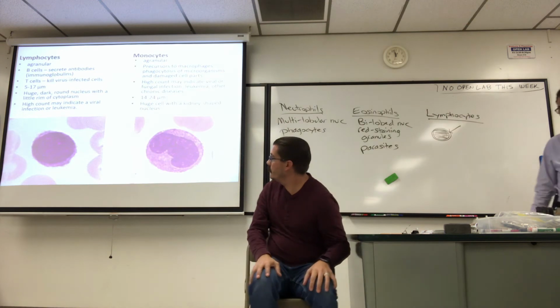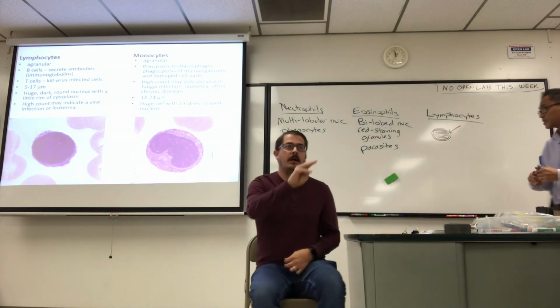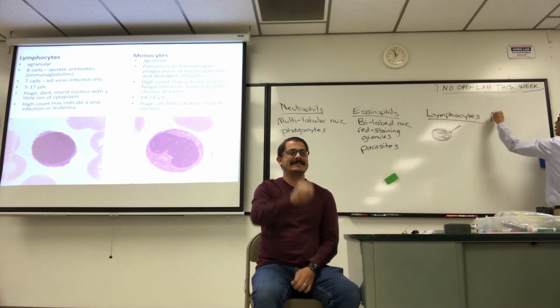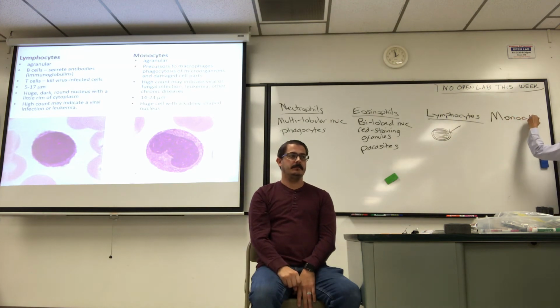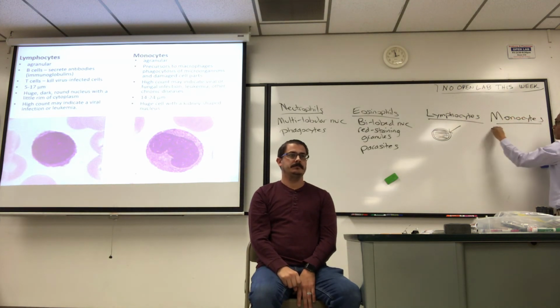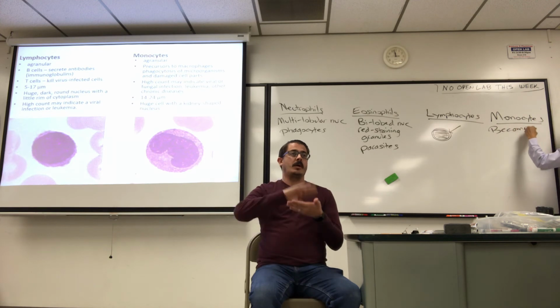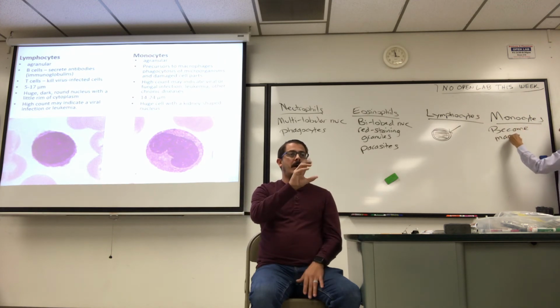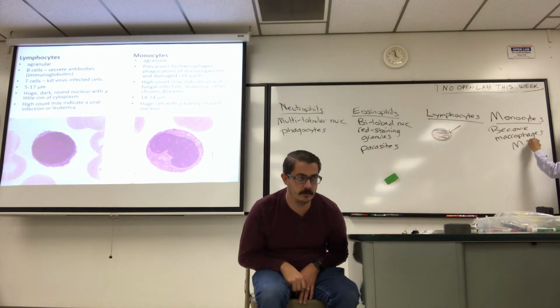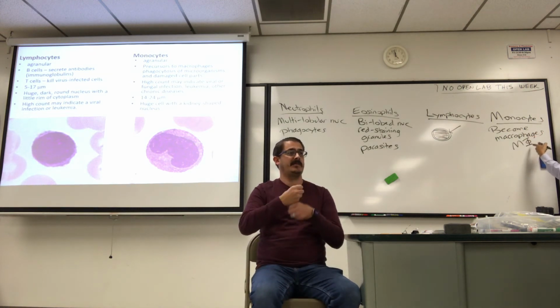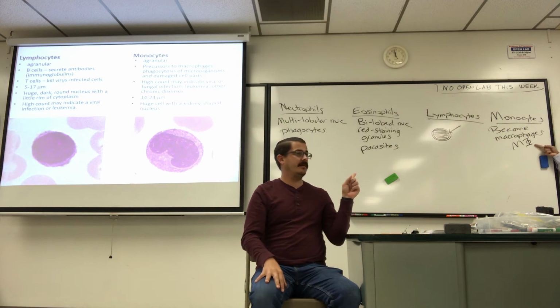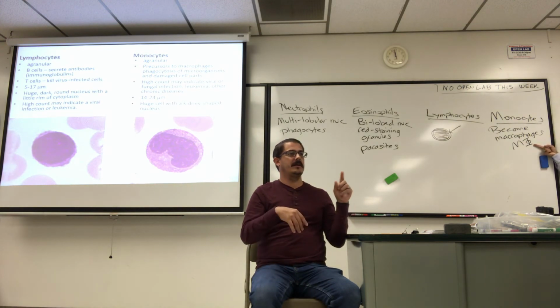Okay, the monocytes, those are the ones that become macrophages. That's their main thing. When I was a grad student, they abbreviated macrophage like this, because that sign means phage.